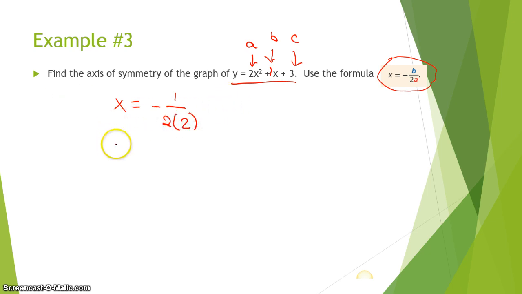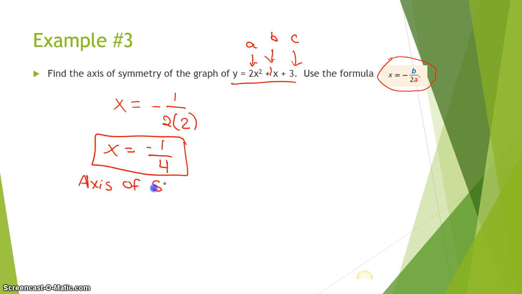So when I simplify this, x equals -1 over 2 times 2, which is 4. So x is -1/4. So my axis of symmetry for this equation is going to be the value -1/4. Answer.